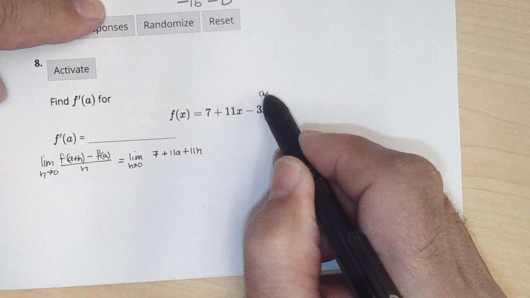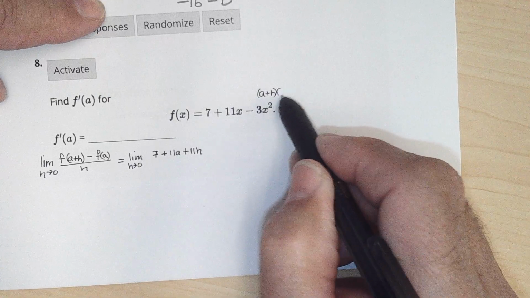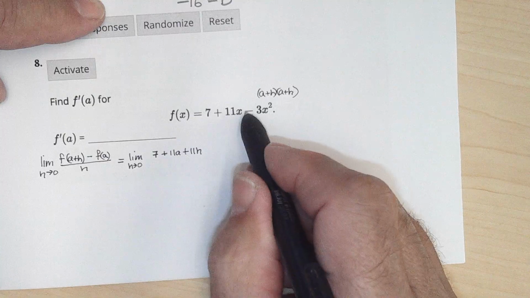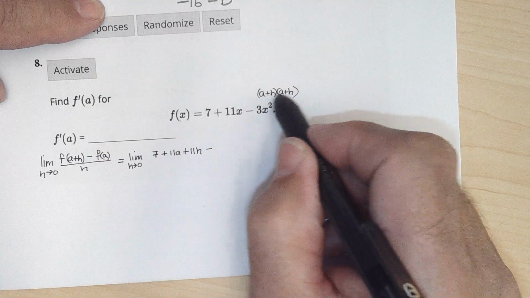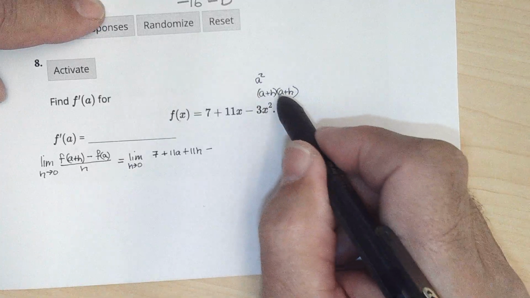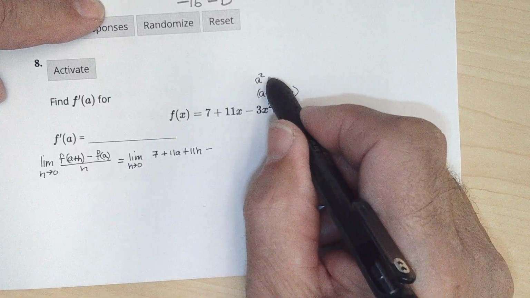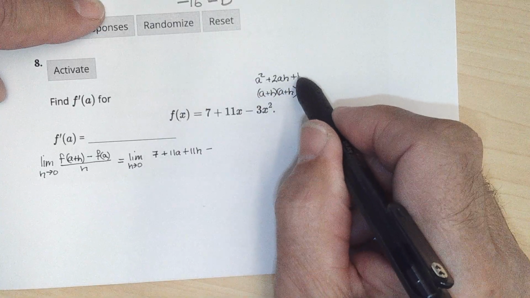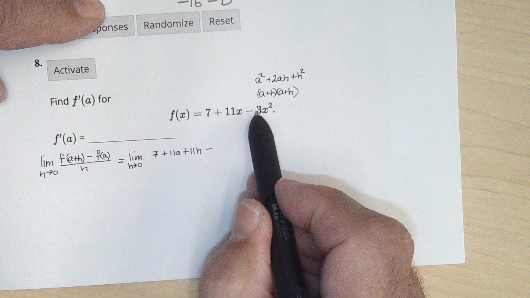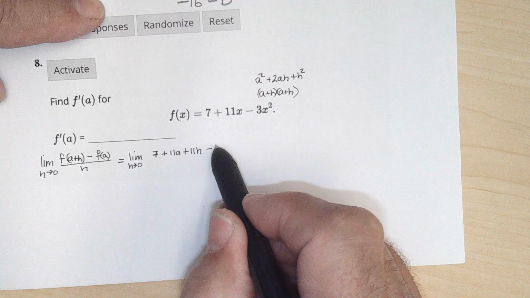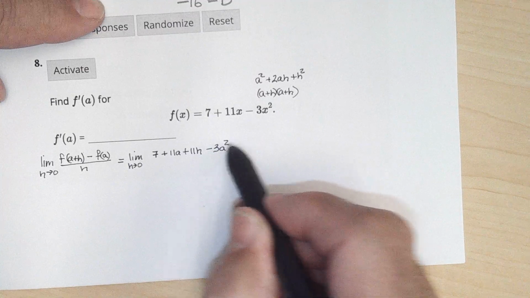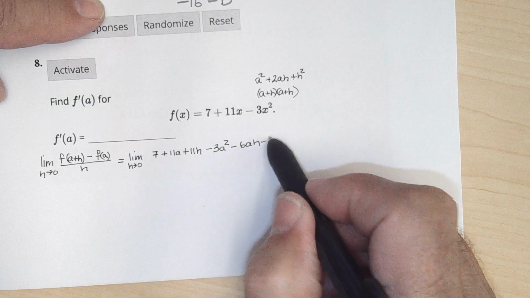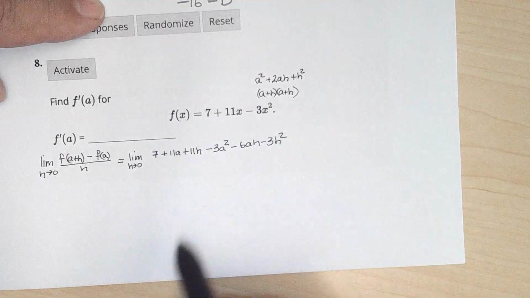So a plus h squared is a squared plus ah plus ah plus h squared, and it's times a minus 3, so I'll write this out first: a squared plus ah plus ah plus h squared times a negative 3, all of it, so that's minus 3a squared minus 6ah minus 3h squared.